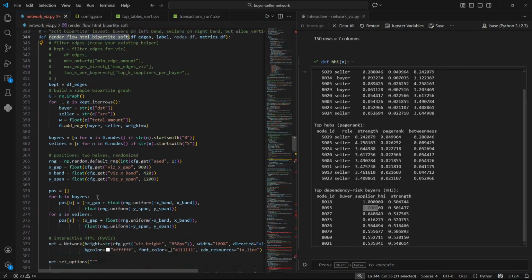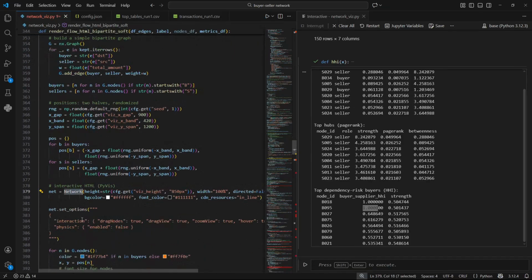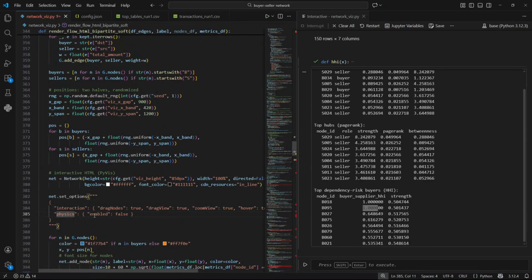The bipartite nature is more, again, we use the same network format, but as you see here, what makes them bipartite is how we define the position of buyers and sellers, right? Here you see this minus, and here we don't have this minus. Essentially we are using a symmetric position where buyers are on our left, sellers on our right, but there is some randomness which we define in terms of the exact position, but that is what creates that bipartite nature.